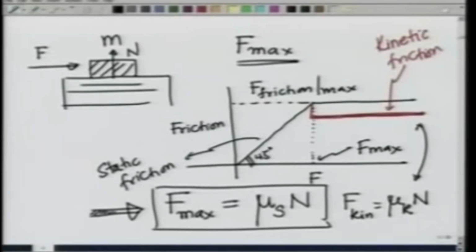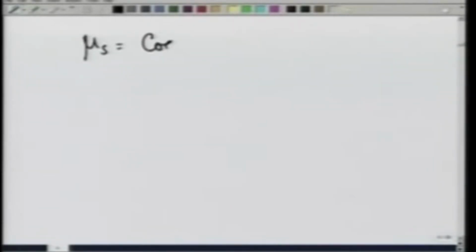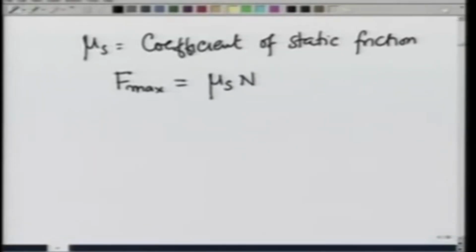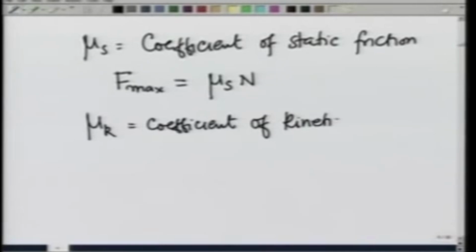Mu S is known as the coefficient of static friction, and F max, maximum value of friction or maximum force up to which the body will not move, is mu S times the normal reaction on the body, and mu k, which is coefficient of kinetic friction.